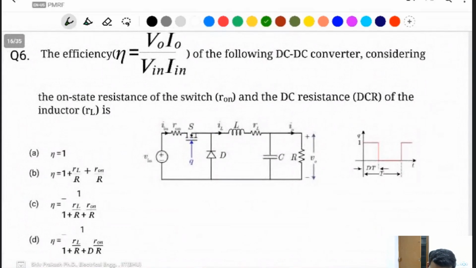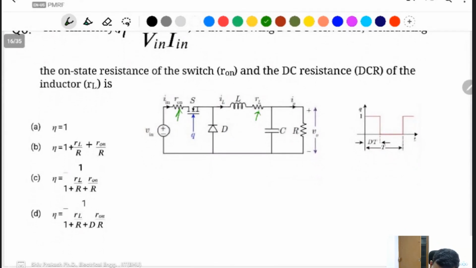The efficiency of this converter, the following DC converter, considering the on-state resistance R on of the switch and the DC resistance RL of the inductor, is given here. Then what will be the efficiency of this converter? The options, I think some are displaced from the original position.